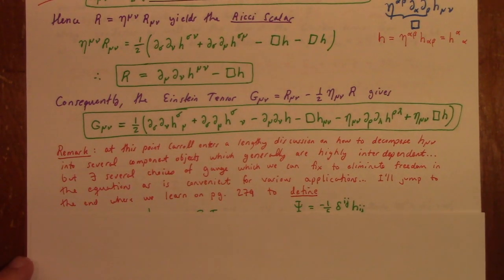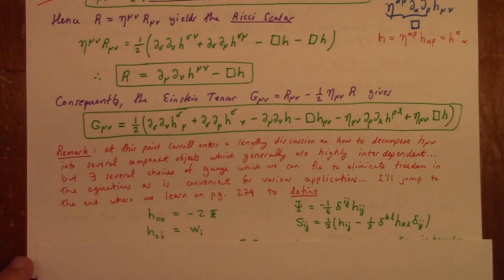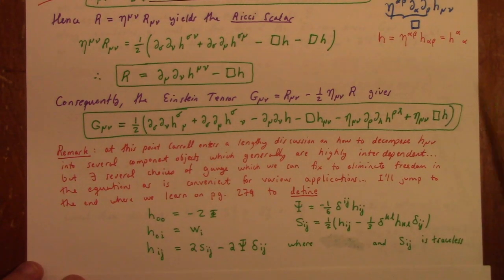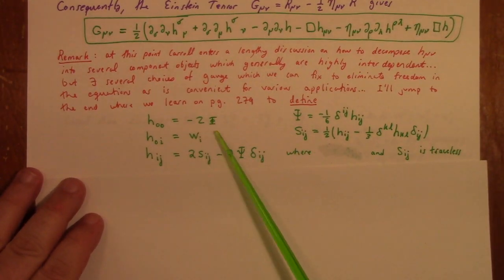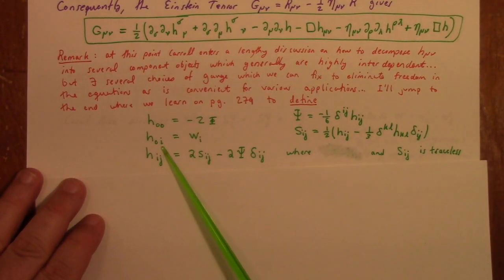And I'll jump to the end where we learn on page 279 to define the 0, 0 component to be minus 2 times the gravitational potential.